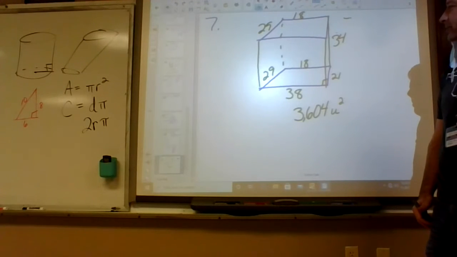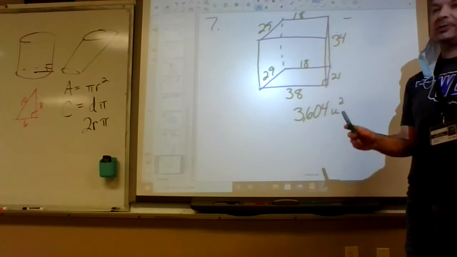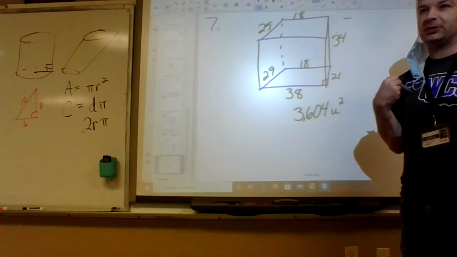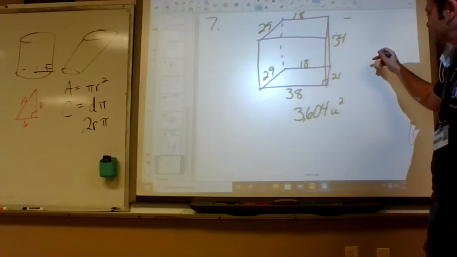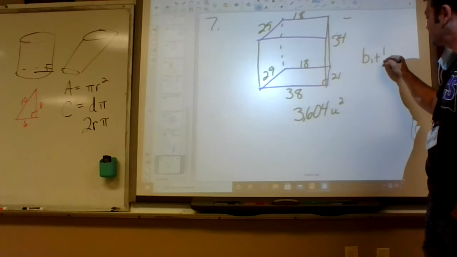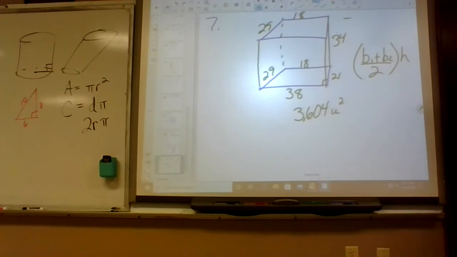Okay, so we also need the area of the two trapezoid bases. This is the harder one to remember, does anybody remember the area of a trapezoid? Base 1 plus base 2 divided by 2 times height. Yeah, average of the bases times the height.